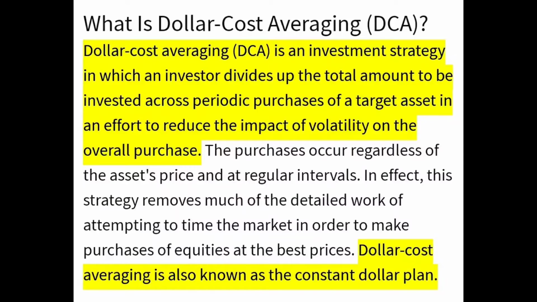Instead of throwing that $1,000 directly into that investment, you put it in chunks. So let's say you put it into chunks of 4. That means you did 250 each time, or you did 100 10 times, or you did 10 100 times. It's up to you the way you want to do it.